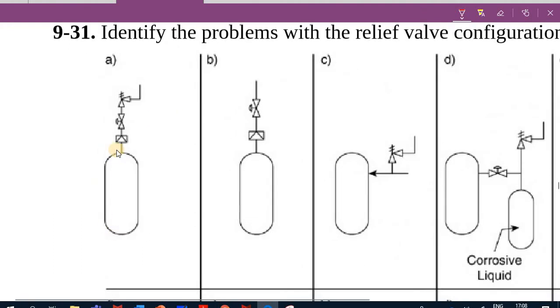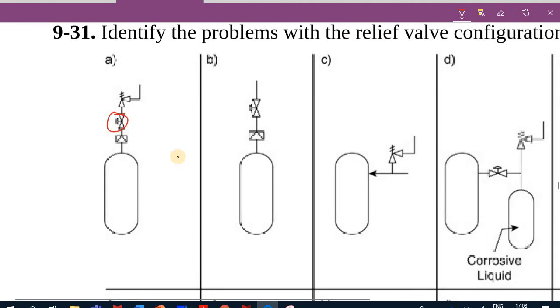We have the vessel, and out of the vessel we have a rupture disc, and then we have a valve, and then we have a spring valve opening. What do you think went wrong there? The thing we really have wrong is this thing here. We cannot allow a valve that blocks a relief.